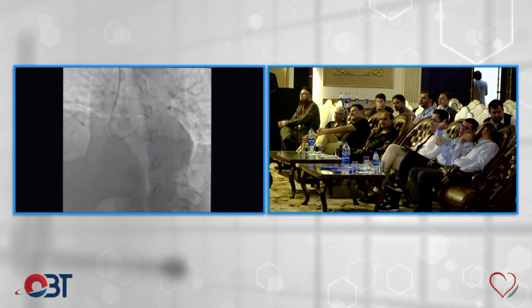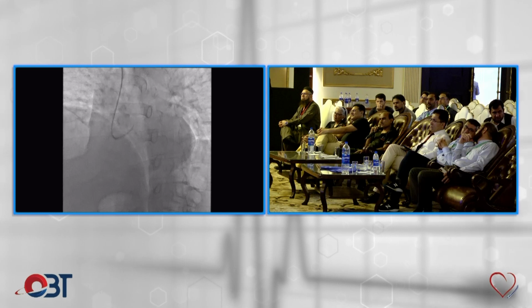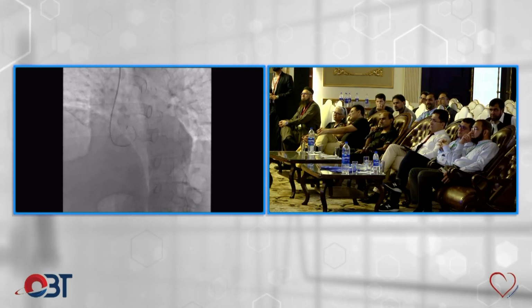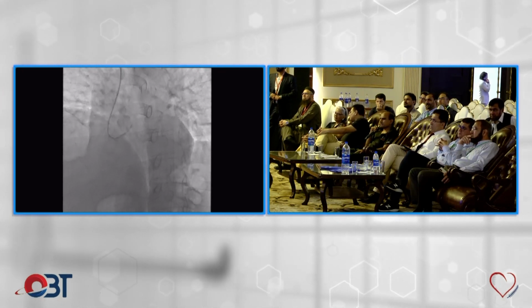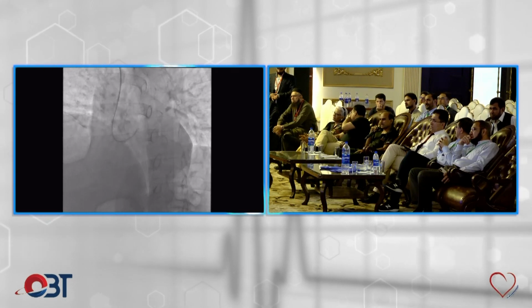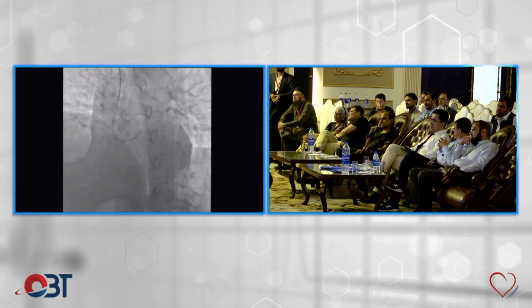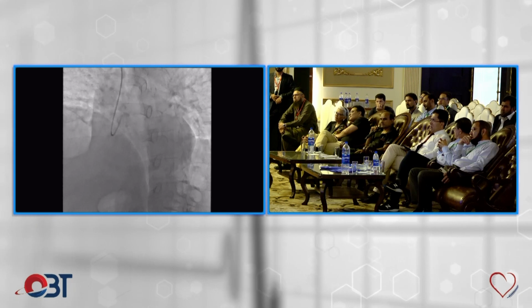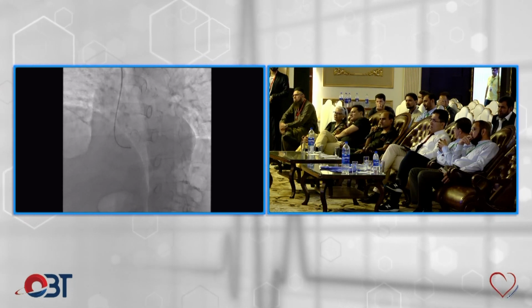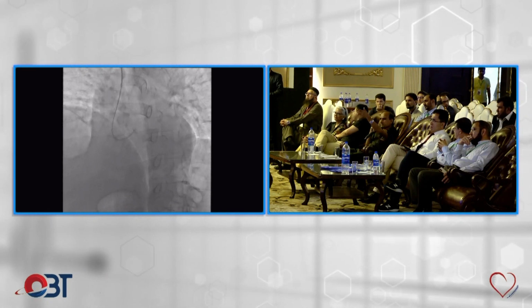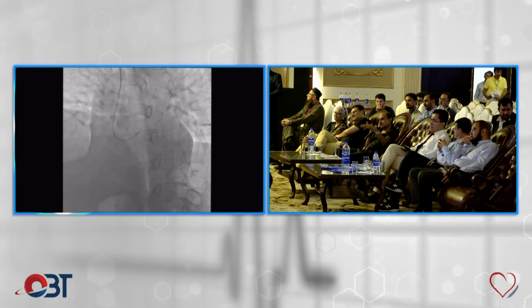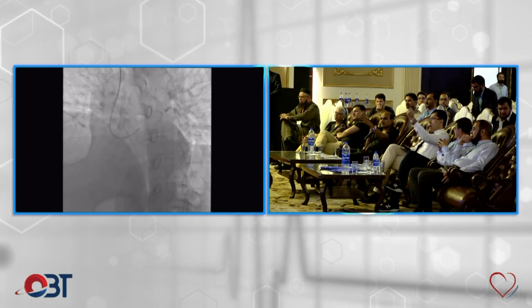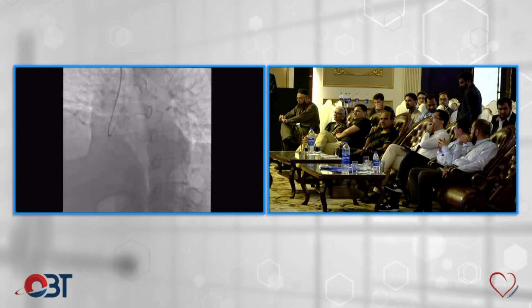But you have to be gentle. The guide should be coaxial, and your left main should be disease-free. So first check the pressure curve, then do adequate back flush, and then give a saline bolus intracoronary, and that will elevate your STs.